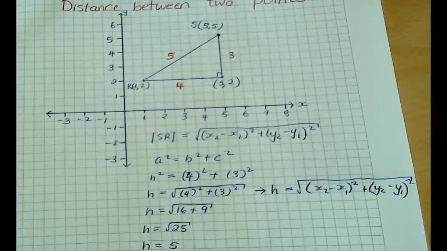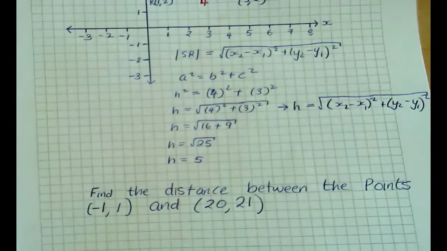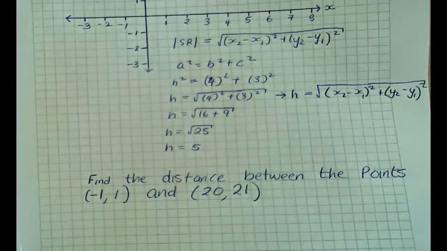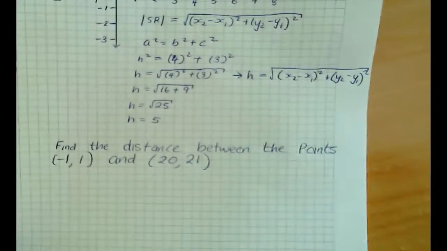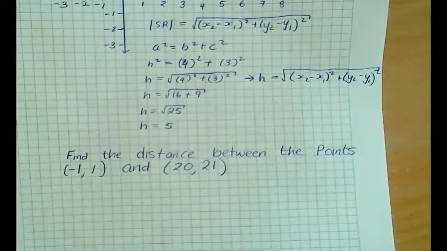So if we look at an example, just before I give you some questions to do, we are looking for the distance between the points -1, 1 and 20, 21. The first thing we always do is write out the formula.